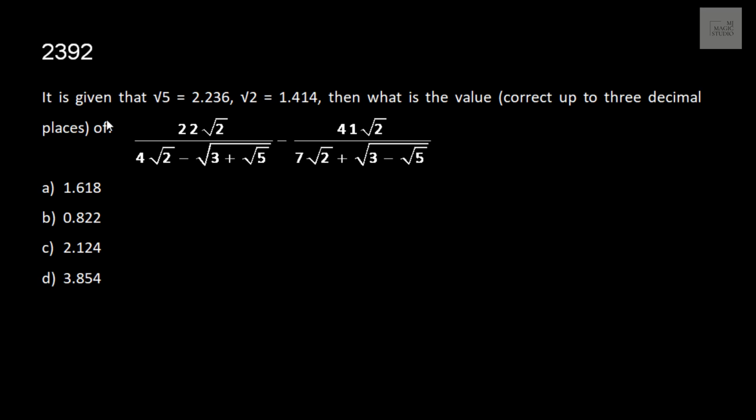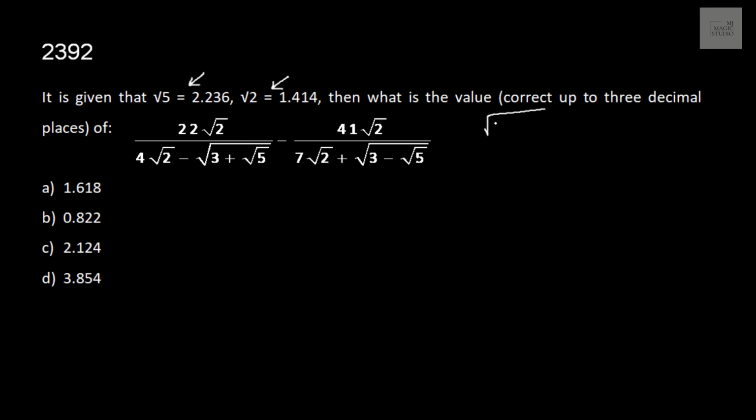It is given that root 5 is 2.236, root 2 is 1.414, then what is the value correct up to 3 decimal points of this particular expression? See, it is not advisable to put these values directly and then try to find the value. Let us see first how to find the square root of a number which also has a surd.